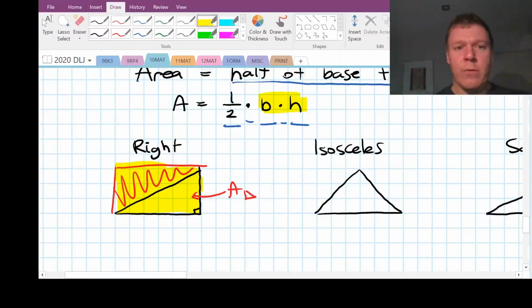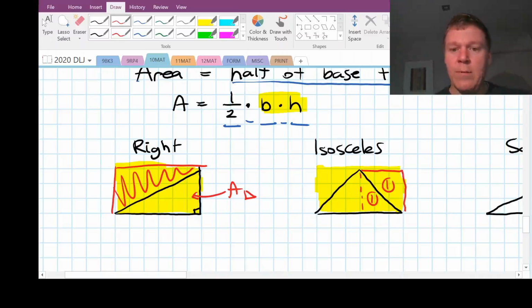And that also works with an isosceles triangle. So basically this segment here matches up with this segment here. So you've got half of that portion of the rectangle there, and then over this side the second portion matches up with this second portion. So that's also divided the rectangle in half.